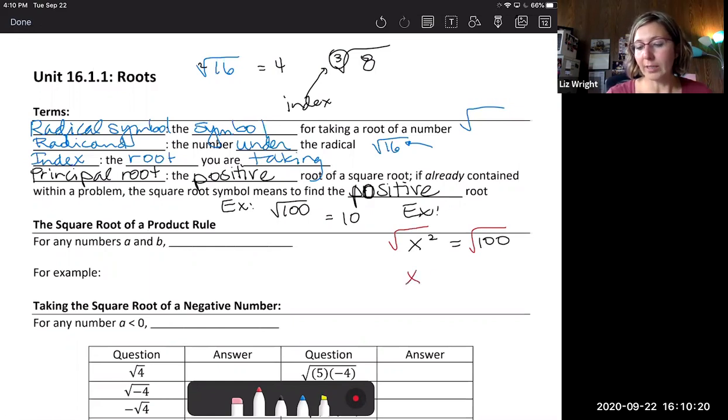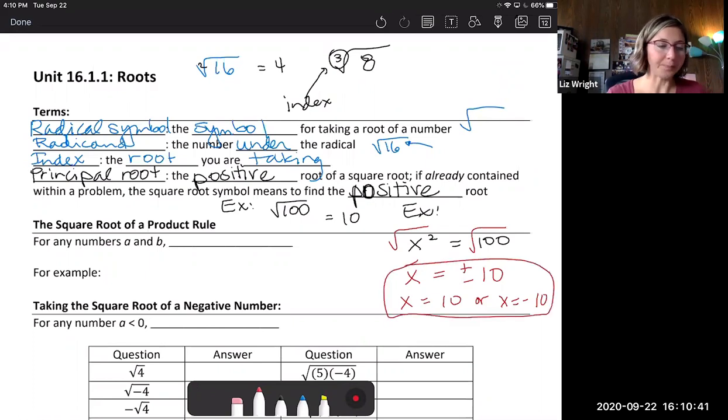So x could equal both plus or minus 10. You could write x equals 10 or x equals negative 10, because negative 10 times negative 10 gives you 100, and 10 times 10 would also give you 100. That is why it would give you the plus or minus 10.